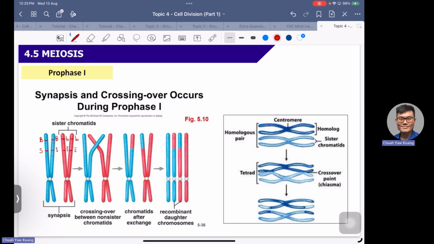If there's no crossing over, then all the offspring will be either black and straight hair or blonde and curly hair. But because of crossing over, they exchange the genetic material.